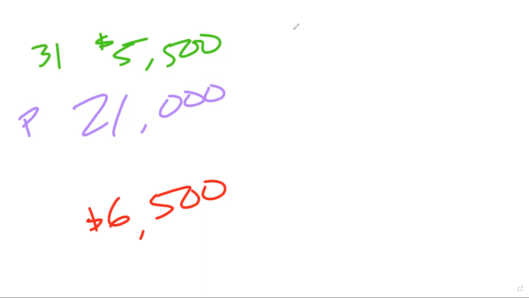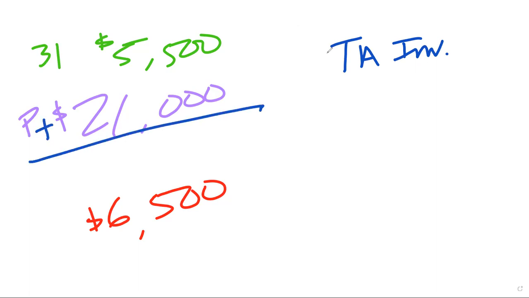Okay, so this is a question that I wanted to put in the review just because it's kind of confusing, because the question is asking the total available inventory, right? If you think about it, this is our beginning inventory. We add up our purchases and then we subtract our ending inventory.